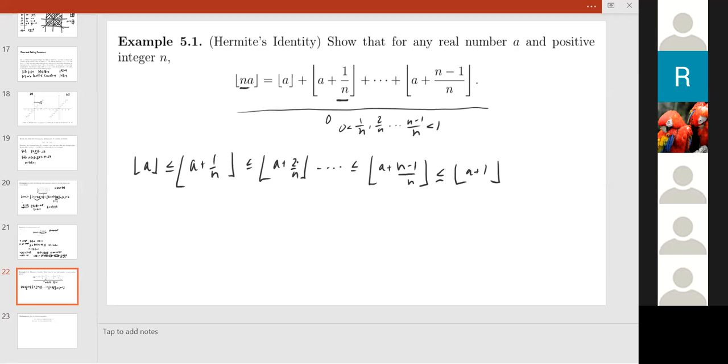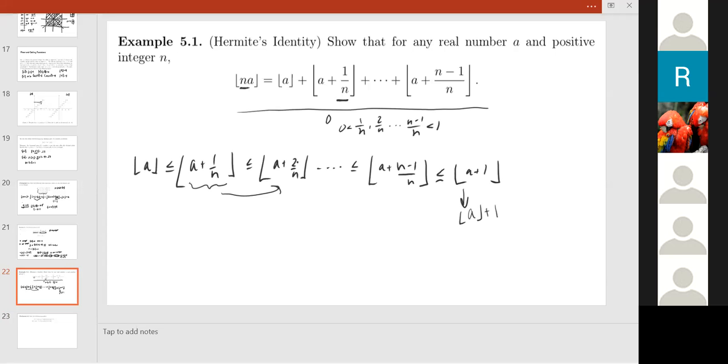This is clear because this value is increasing, since we have 1 over n, 2 over n, all the way up to 1. So now we have that this is equal to the floor of a plus 1, since 1 is an integer.